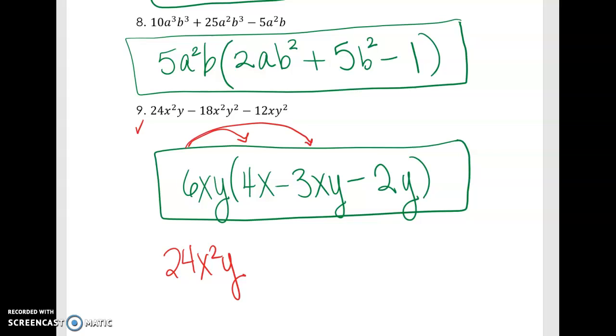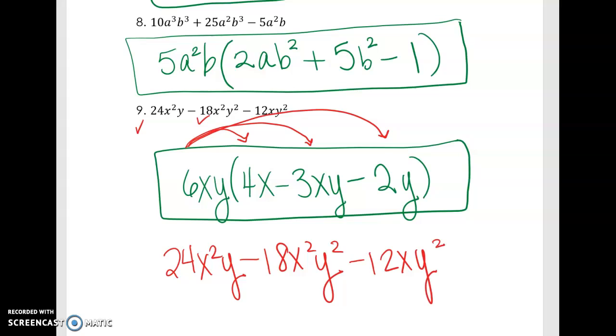Then 6xy times negative 3xy will be negative 18x squared y squared, which is the second term. And 6xy times minus 2y is negative 12xy squared, which is the last term. So this is correct. I've checked my work. Go ahead and check, correct any that you've missed, or let me know if you have any questions.